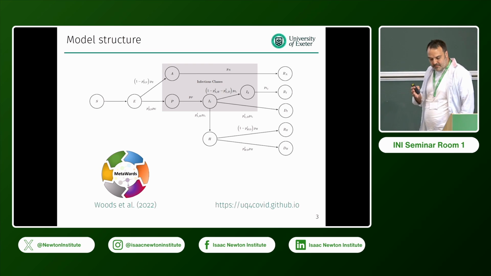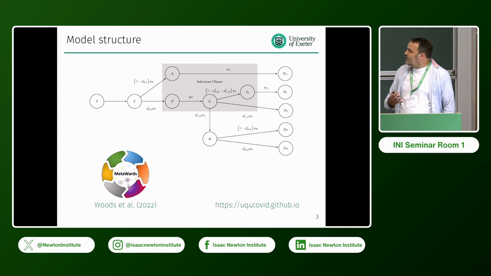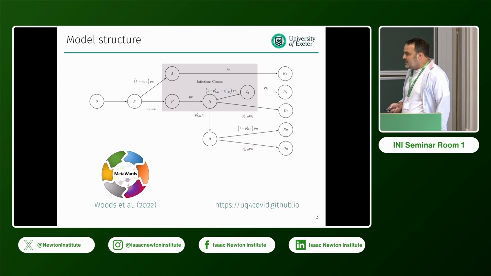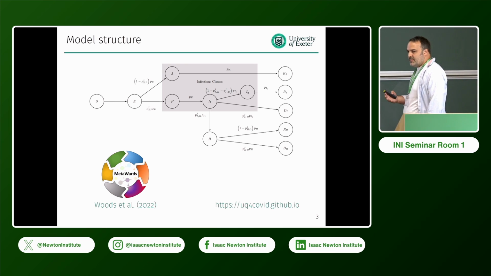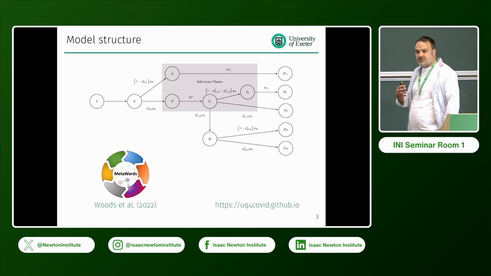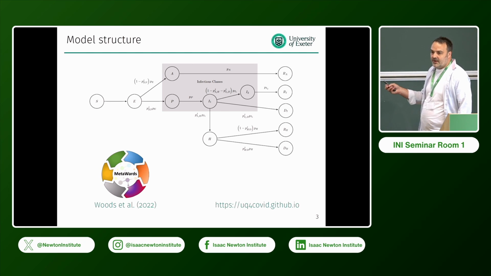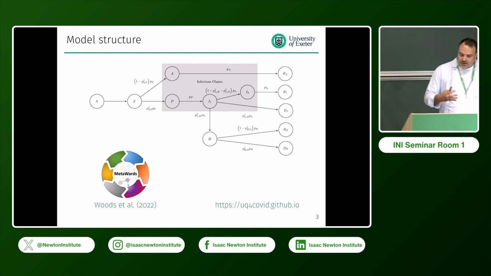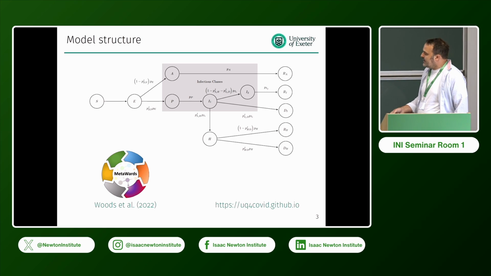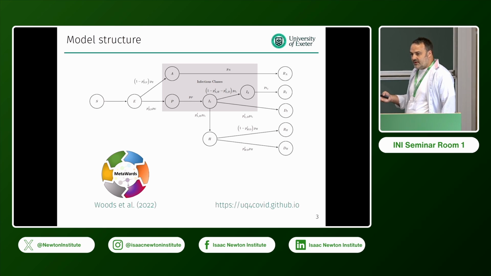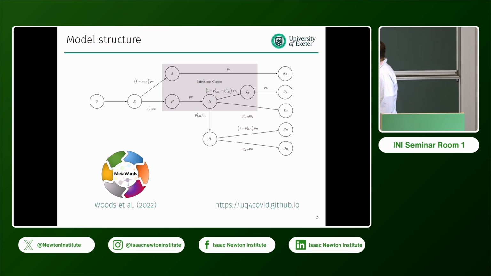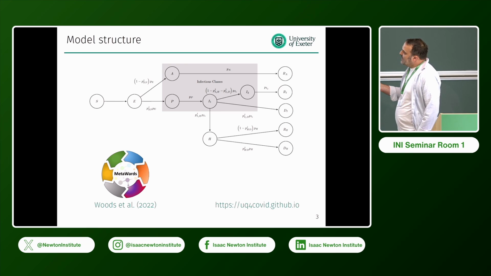But it also became very clear early on in the pandemic that there was a very strong age dependence, particularly in the probability of progressing down one of these more serious pathways. If you got COVID and you were older, you were very much more likely to end up with a more severe outcome. So the model also has age-dependent probabilities of transitioning down these different pathways.